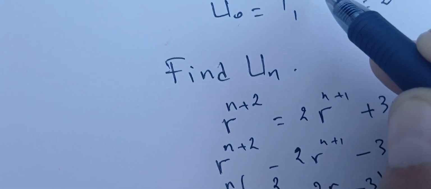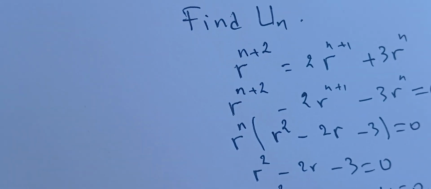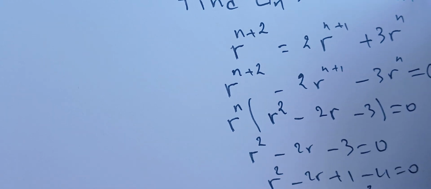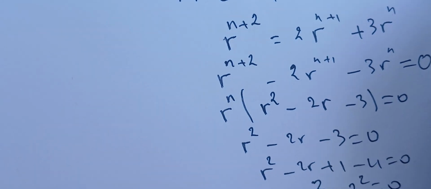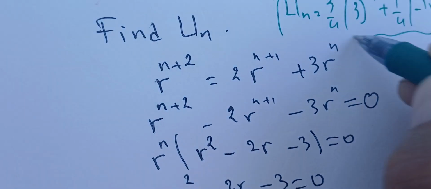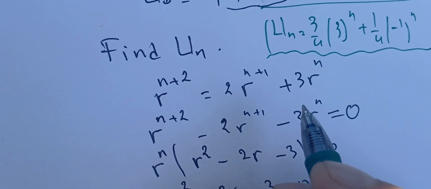And this is u_1. This means that my sequence is given by 3 over 4 times 3 to the power n plus 1 over 4 times minus 1 to the power n.